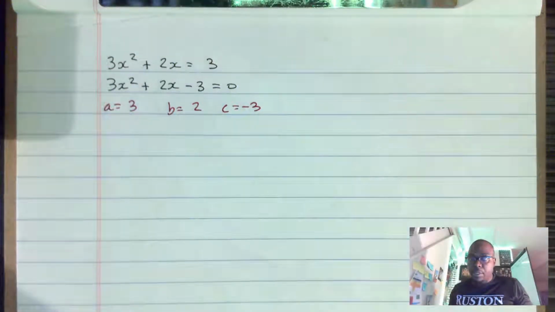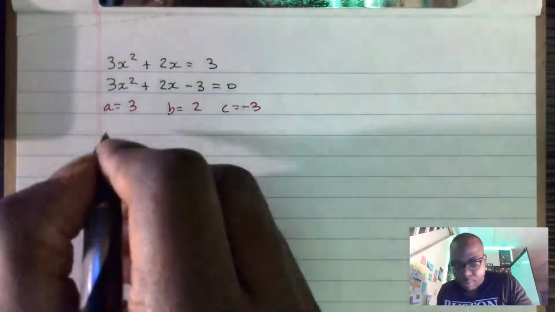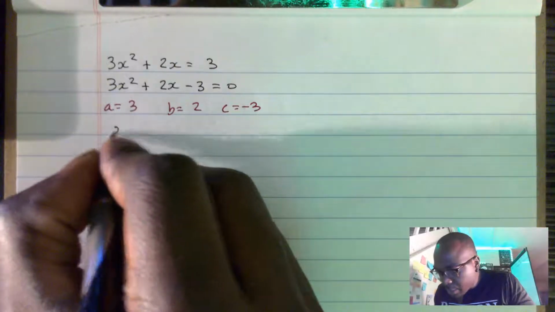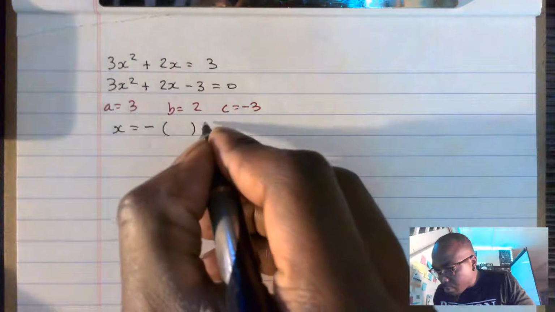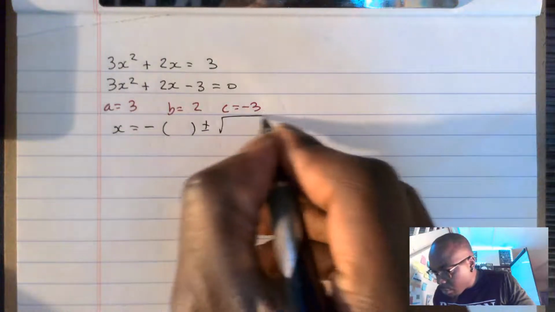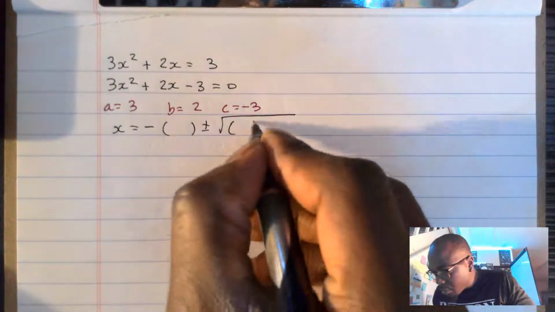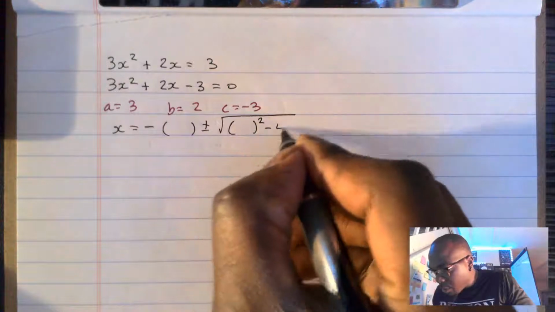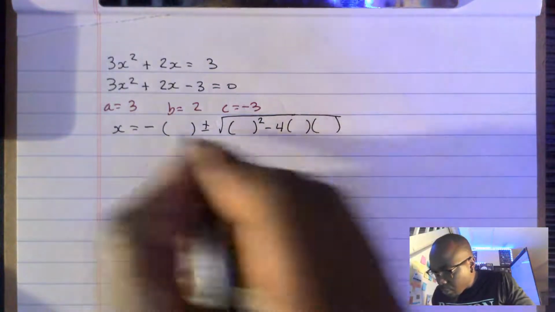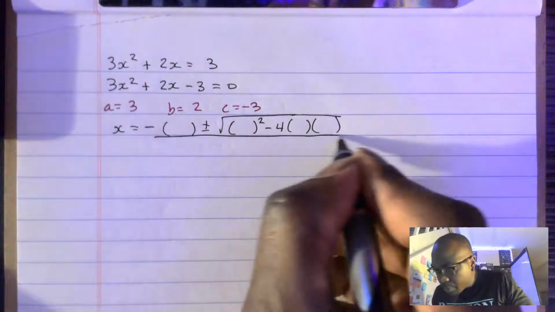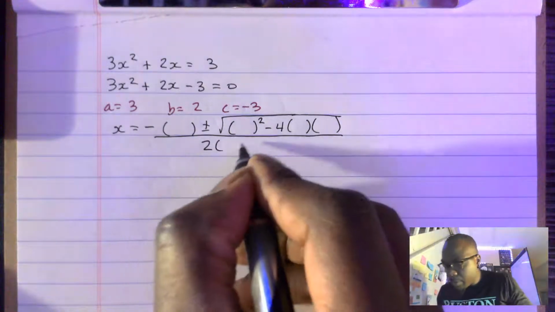Good. So from there, we're going to plug it into the formula. x equals negative b plus or minus the square root of b squared minus 4 times a times c, all over 2 times a.